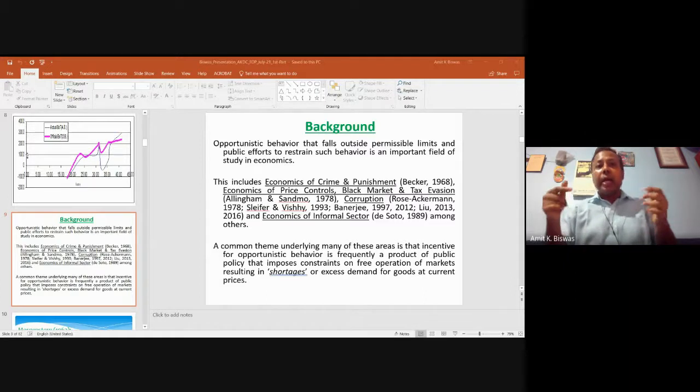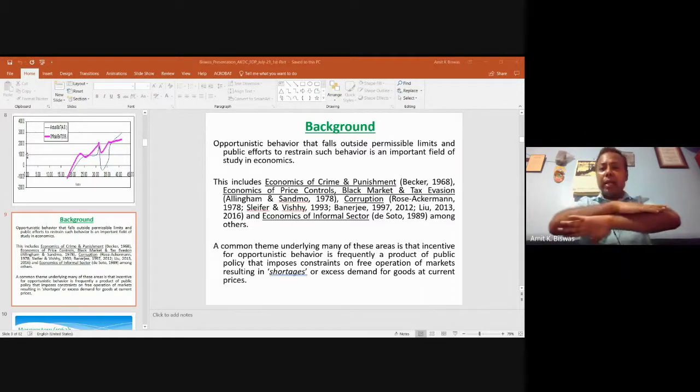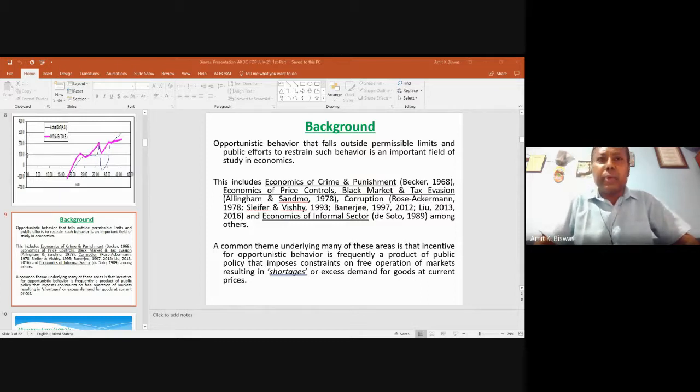But if you go there in the evening when the ration shop was supposed to close, you get people selling kerosene oil at a premium of say 18 or 19 rupees per liter, close to the market price. So that's the way black market is generated. Creating excess shortage is the basic condition for black market to be generated.